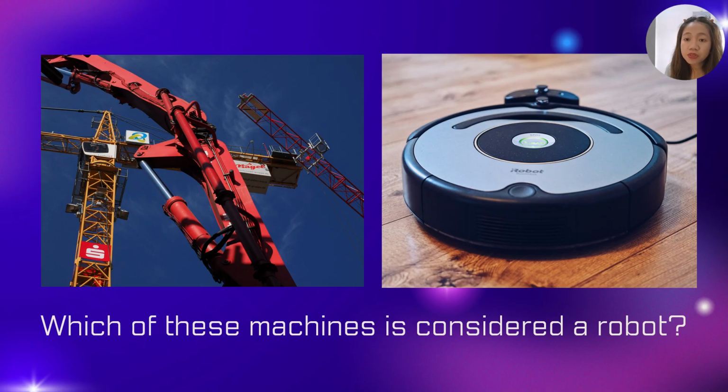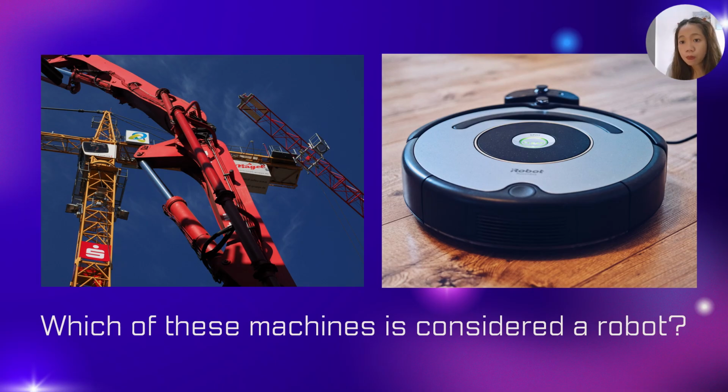Now, machines and robots are often found in our daily life. Maybe they just don't look like the humanoids we see in movies and television, but they are currently already present in our daily life. So, for example, here, which of these machines is considered a robot?